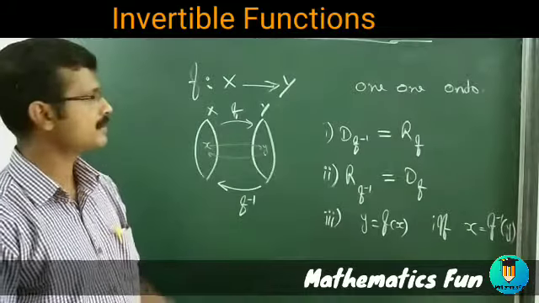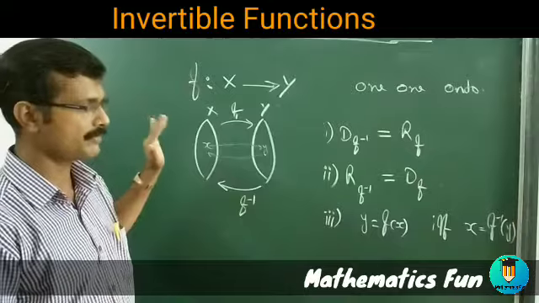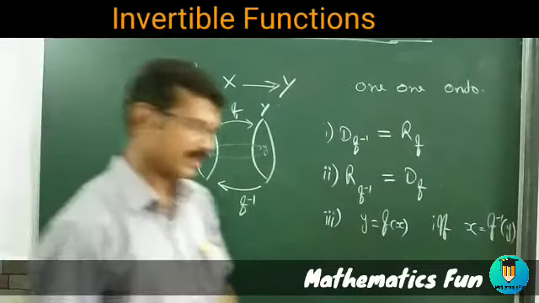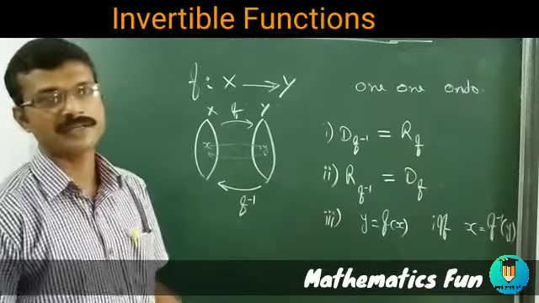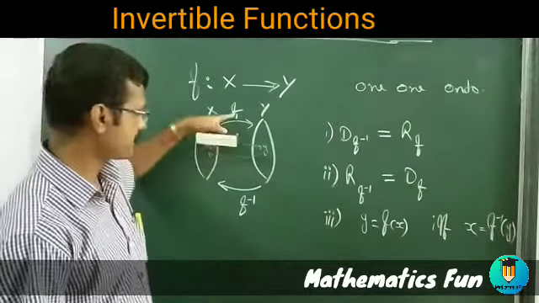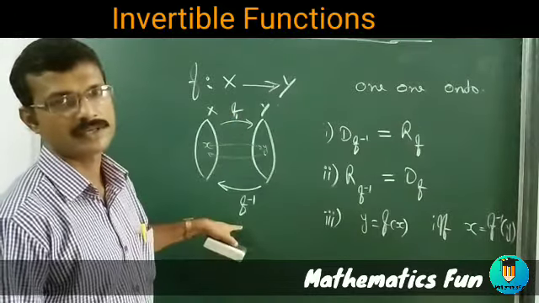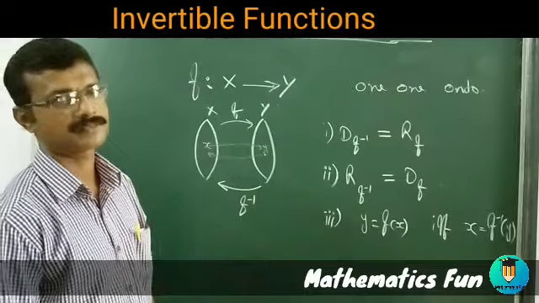Now we will discuss some properties related to invertible functions. One property is the composition of a function and its corresponding inverse, that is f composition f inverse or f inverse composition f, which I am going to discuss next.